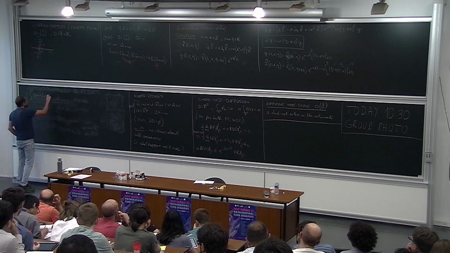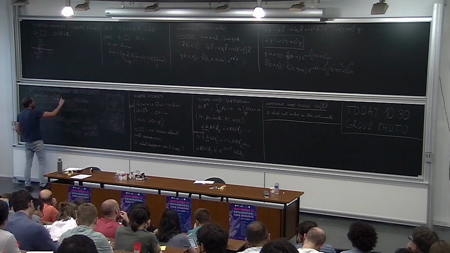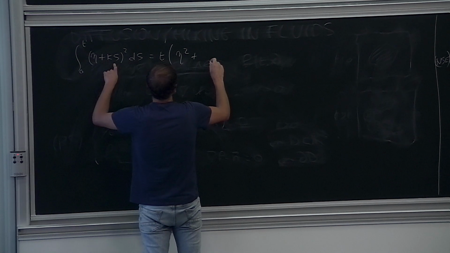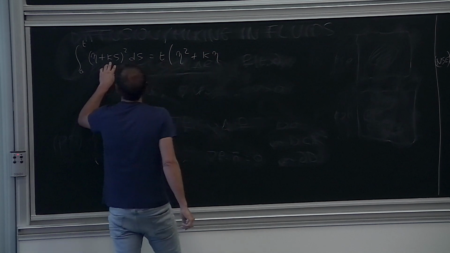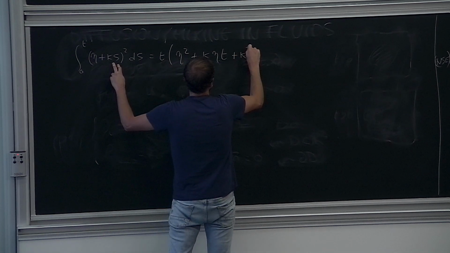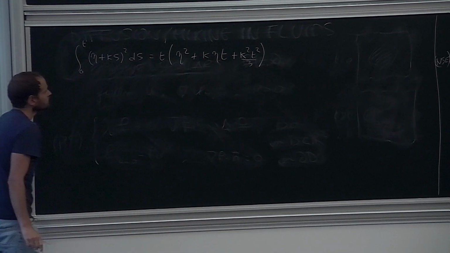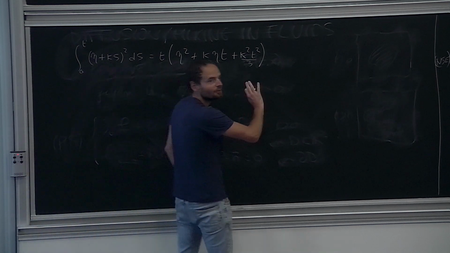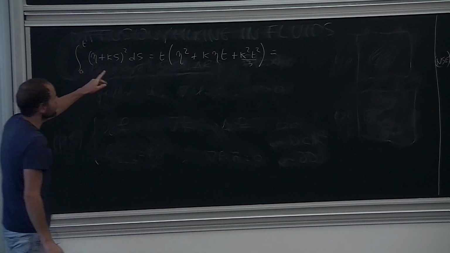So if I compute it, this is just t times eta square plus k eta t plus k square t square over 3. Please correct me if I'm wrong, but I memorized it. So let me complete the square here.